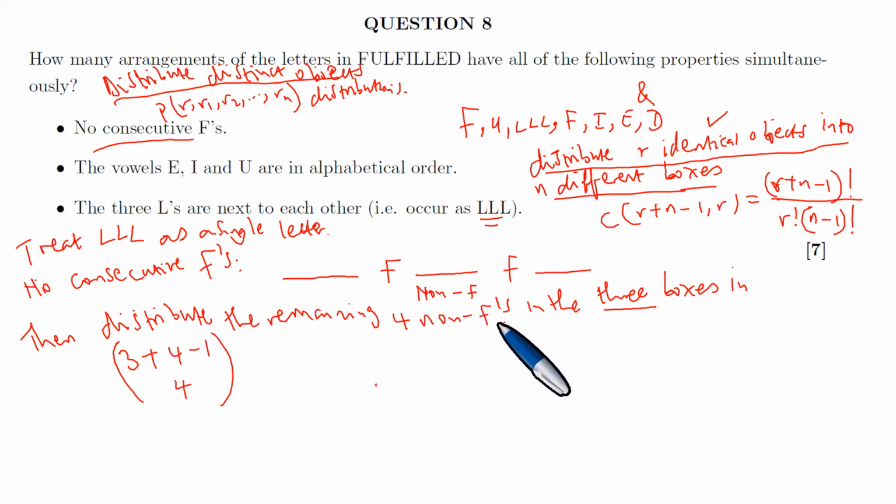So the 4 non-Fs in the 3 boxes are put that way. We've counted a total of 5, but you can see that these ones here are in alphabetical order, and therefore it suggests that they are already organized, giving us 4 non-Fs, meaning that we shall be dealing with F.